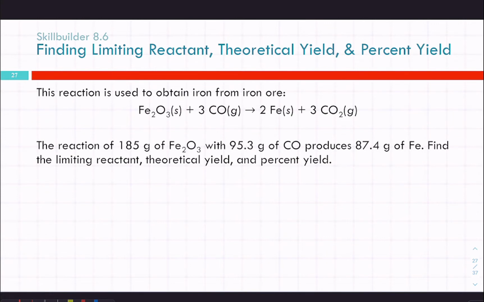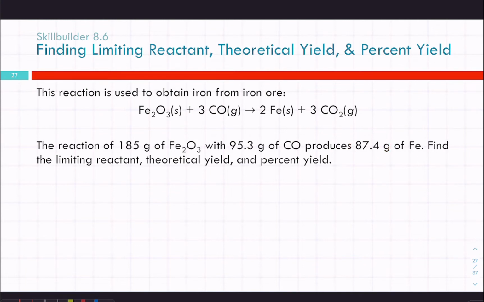So this reaction is used to obtain iron from iron ore. We're given 3 quantities here. So we have a reaction of 185 grams of iron oxide with 95.3 grams carbon monoxide produces 87.4 grams of iron.